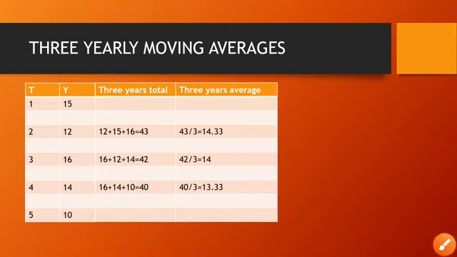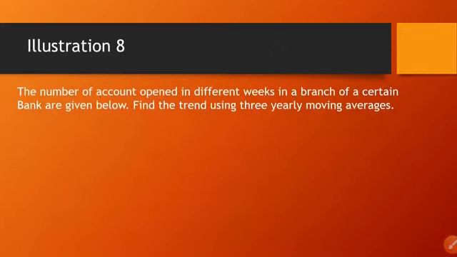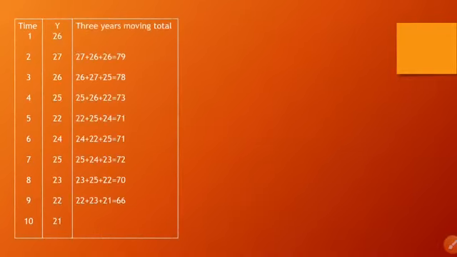This we have done in the previous lecture, 3 years moving average. Illustration 8 also we have seen. You can see 3 years average, 1 year itself, one up and one down, and you know that the first and last year it will be blank.